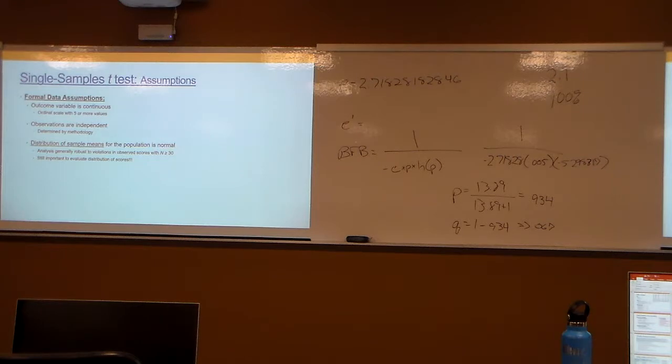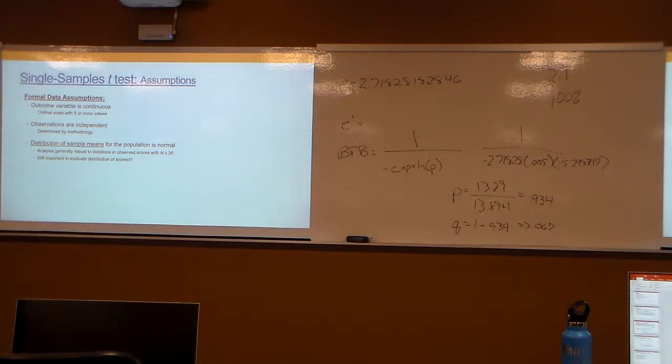As my sample size increases, the distribution of sample means quickly becomes normal, and then what else? Anybody remember the other condition? When the distribution of whatever I'm measuring in the population is normal, then it becomes normal very quickly as well.